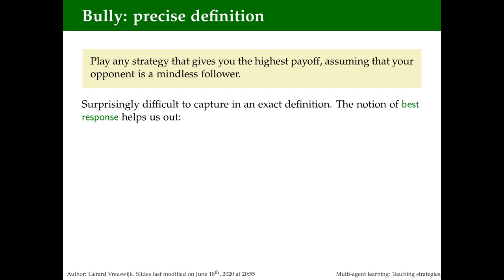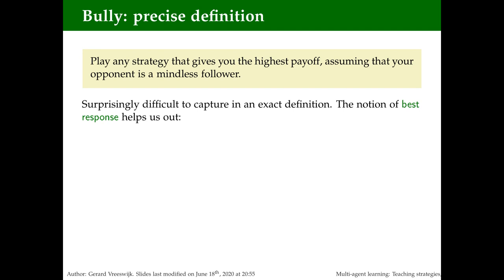Luckily we have the notion of best response, and this helps us out, although this definition is still a bit tricky to read, so I will go through it with you in steps, and in the next slide we will dissect this formula once more. I hope that helps in understanding the precise definition.